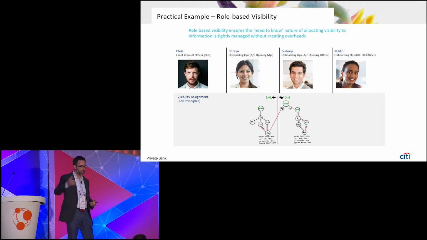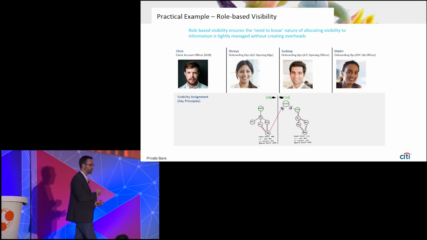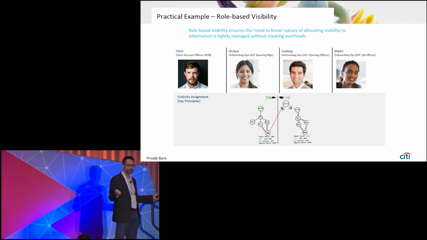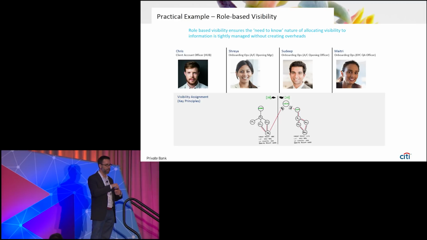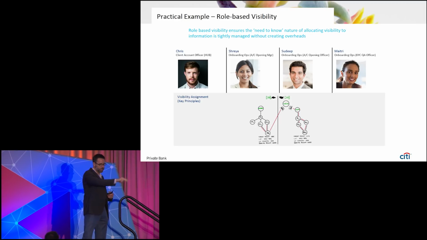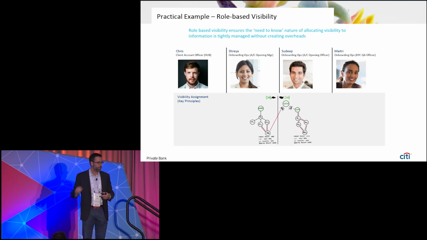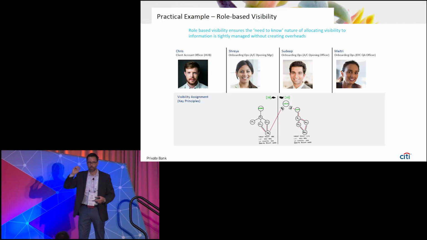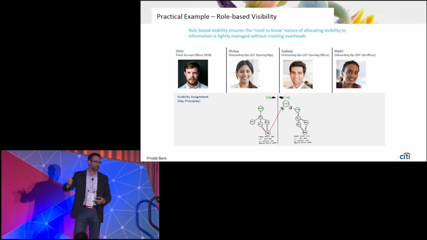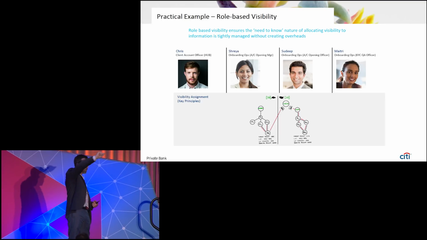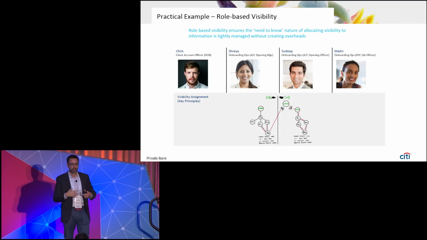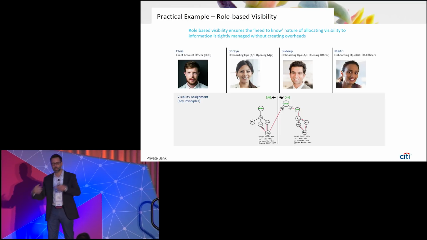Here, it's modeled into the graph. The visibility question is being asked starting at the region rather than the client. The direct link is not put in place between that individual and every single client in the region. Because of the business rule, I am an operations person and I am in this region, you walk the graph starting at the region and then work your way to the clients. So again, the structure represents the business rule.